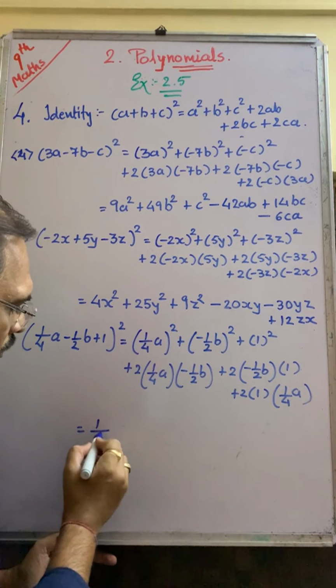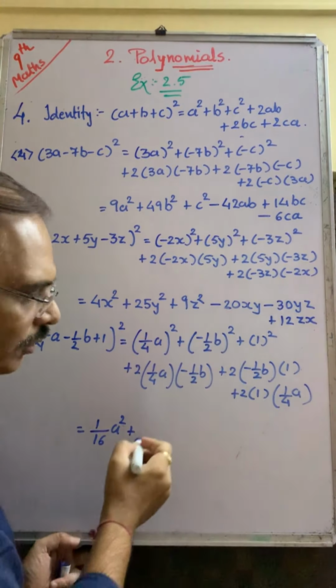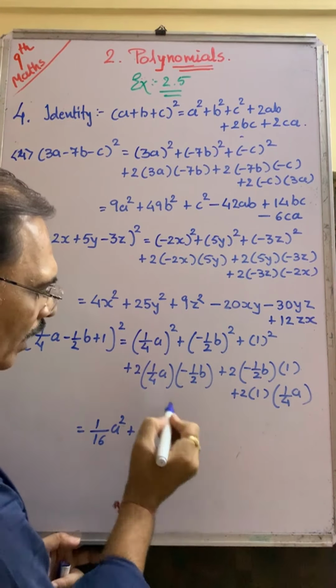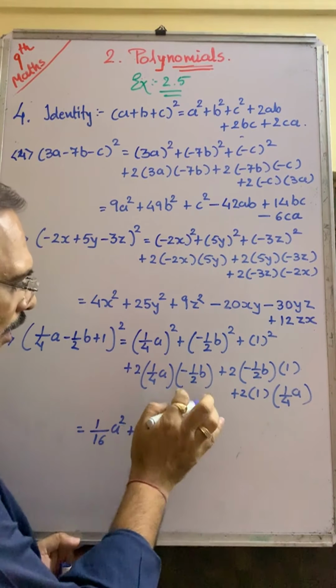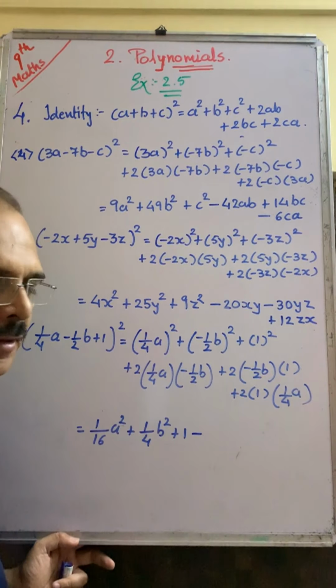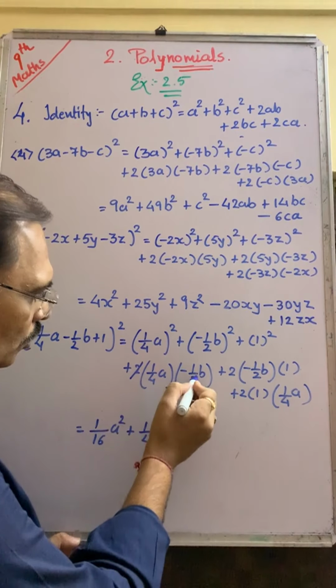1 square 1, 4 square 16a square. Square is always positive. 1 square 1, 2 square 4b square, and 1 square 1. Now see here, plus minus minus. Cancellation is possible. If possible, then cancel it. 2 cancel.